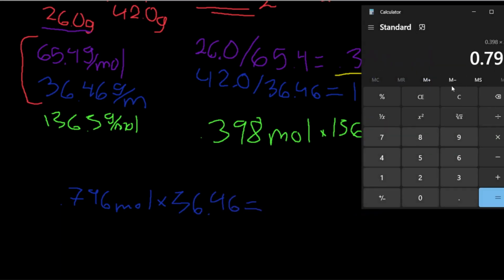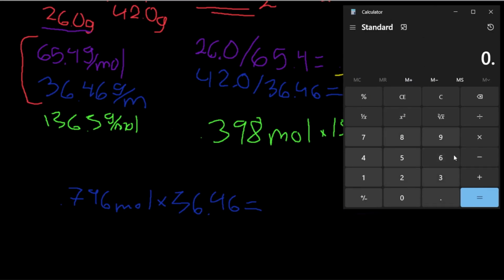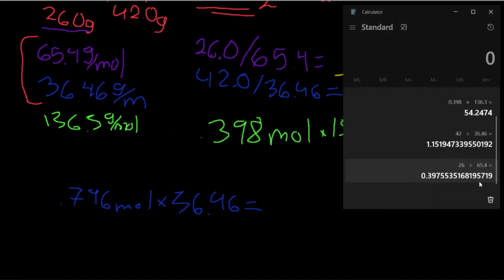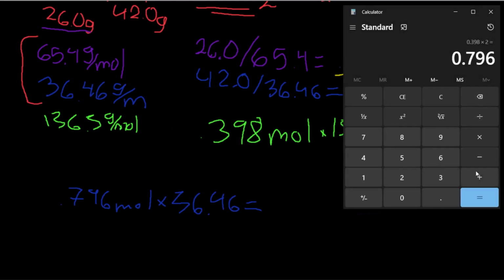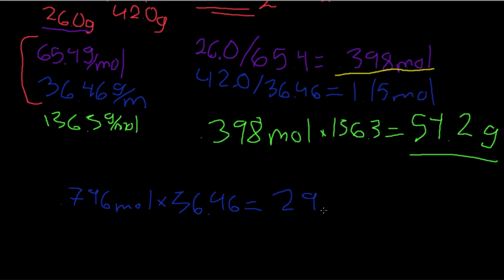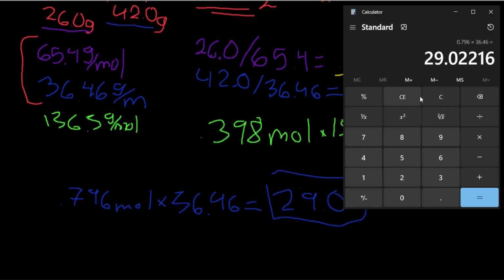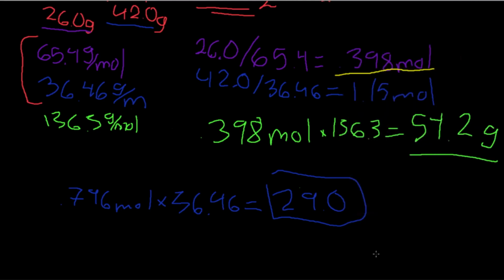Again, going moles to grams, multiply by our molar mass of 36.46. That equals 29.02, so 29.0 with 3 sig figs. Now to find out how much will be left over, you simply subtract this from your starting amount. 42.0 minus 29.0 equals 13 grams left over of HCl.